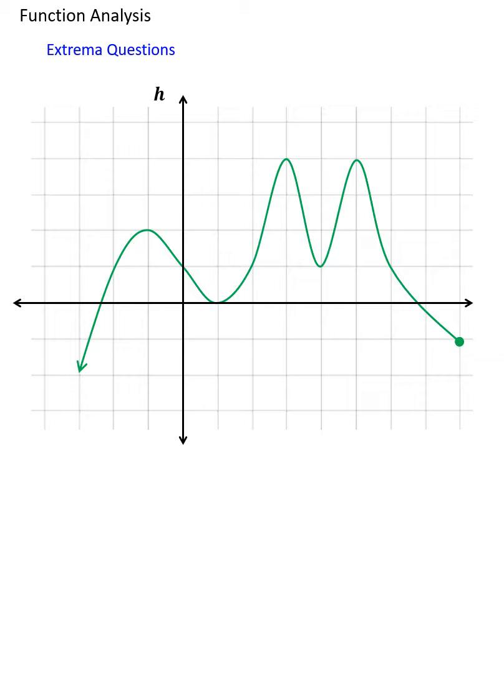Each space on these grids is considered to be 1. Here's the first question. Suppose we were told to name the local maxima of h of x. Well, here's one. If I were naming it, I would name it (-1, 2), as we always name points. Here's another local maximum, (3, 4).